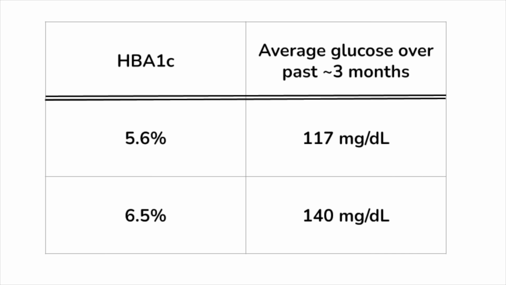A HbA1c of 5.6%, for example, means that the average glucose concentration in blood over the past 3 months was about 117 milligrams per deciliter. 6.5% indicates an average of 140 milligrams per deciliter. So what a good clinician will do if they suspect someone may have diabetes is look at the HbA1c and also do an oral glucose tolerance test.